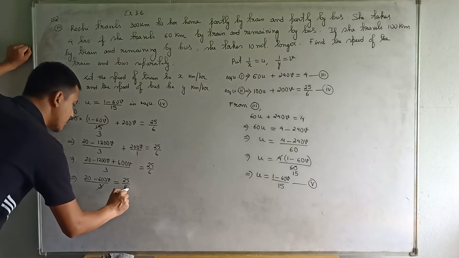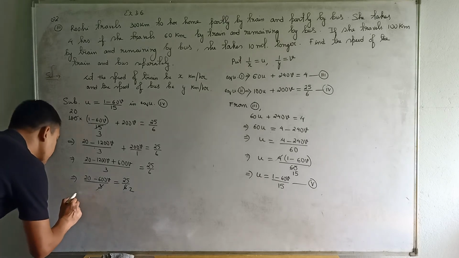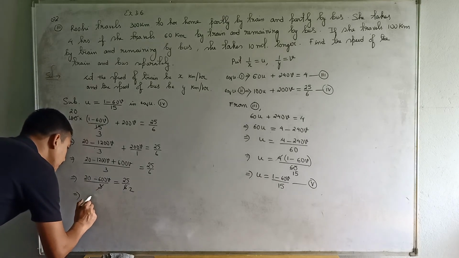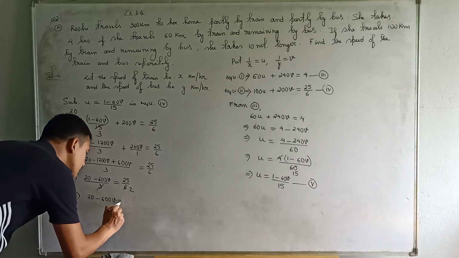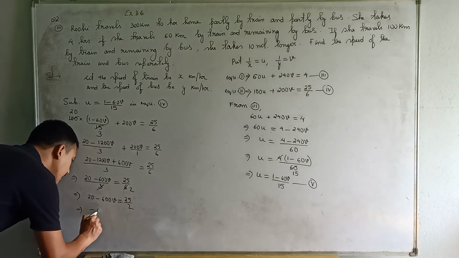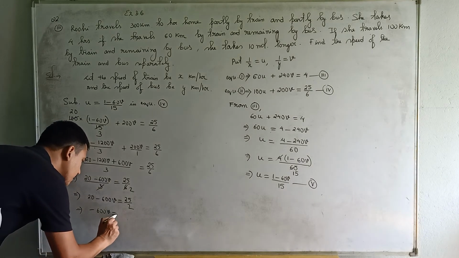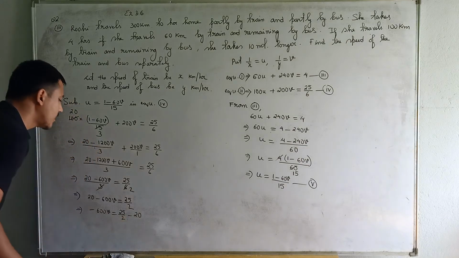Can I cancel? 3 2 times is 6. Can be done, right? So we have 20 minus 600v is equal to 25 upon 2, right? Minus 600v is equal to 25 upon 2 minus 20.